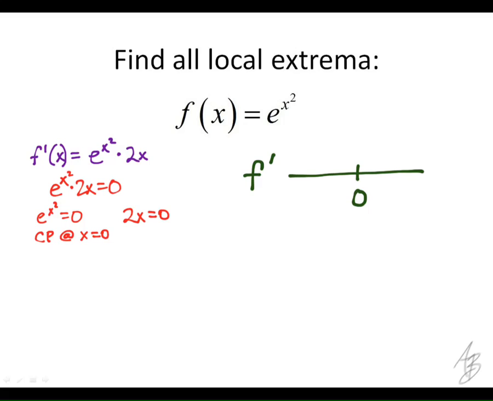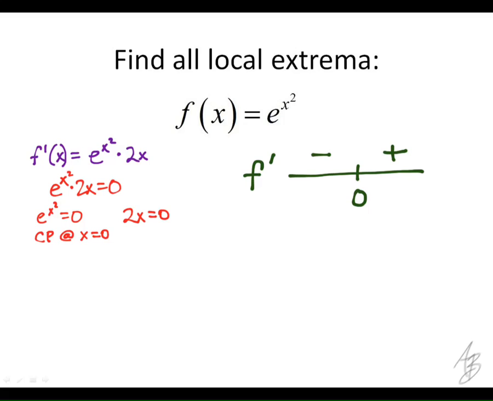So to the left of 0, is the derivative going to be positive or negative? If we put in a negative number here, e to any power is going to be positive. So 2 times the negative whatever is going to be negative. How about to the right of 0? Positive.